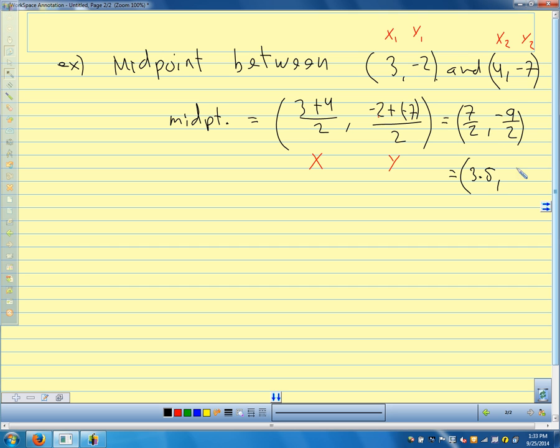And negative 9 divided by 2 is negative 4.5. So the midpoint between these two points is the point 3.5, negative 4.5. And we have two numbers, an x and a y.